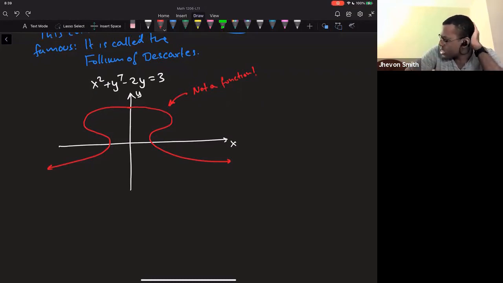Whatever this thing describes, you would have to break it up into like 4 or 5 different parts, about 6 different parts, to even start to make sense in terms of a function. So yeah, but this is the Folium of Descartes.